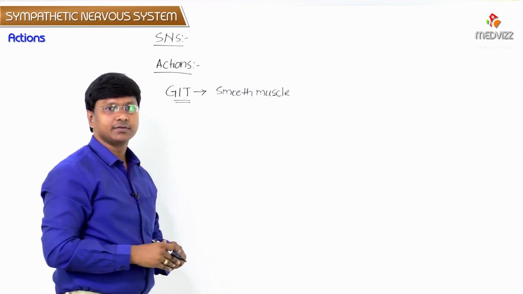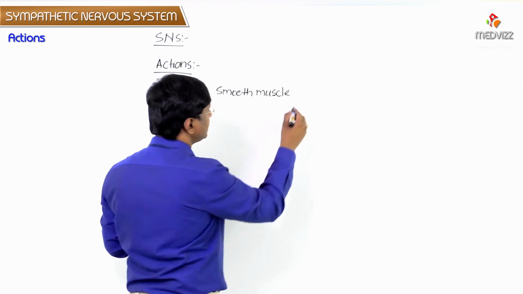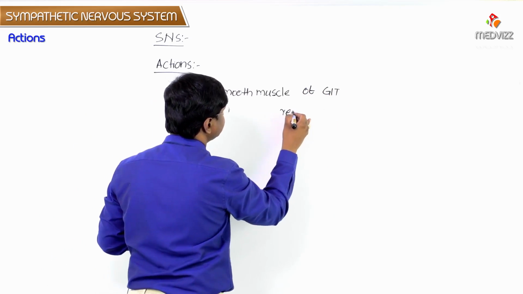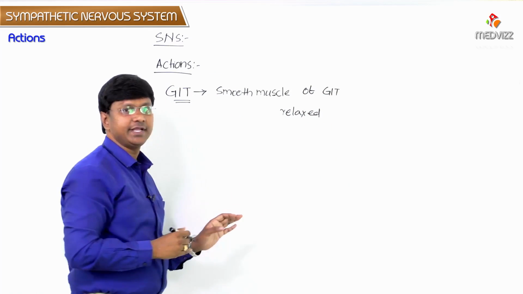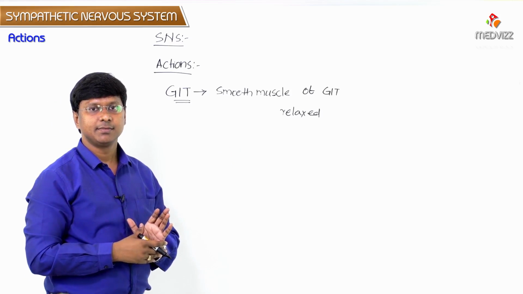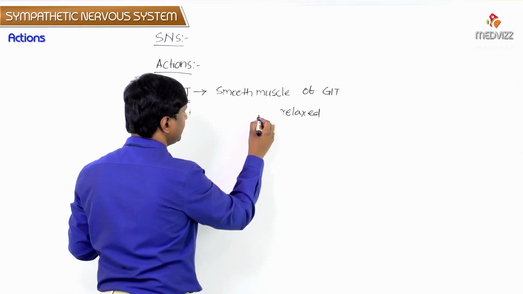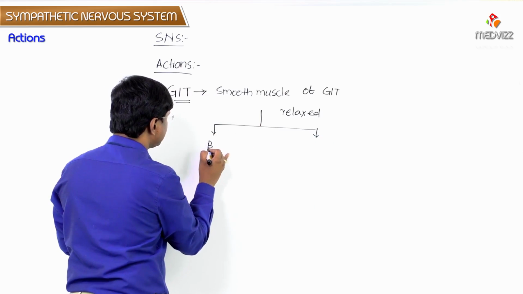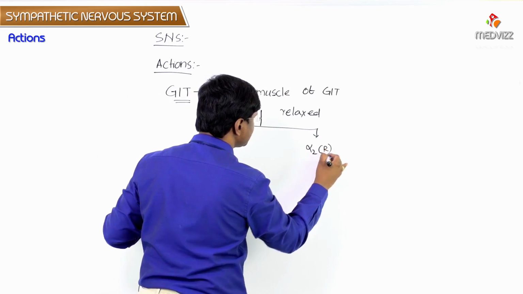The smooth muscles of the GIT are relaxed. How are they relaxed? They are relaxed by stimulation of two important sympathetic receptors: beta 2 receptors and alpha 2 receptors.